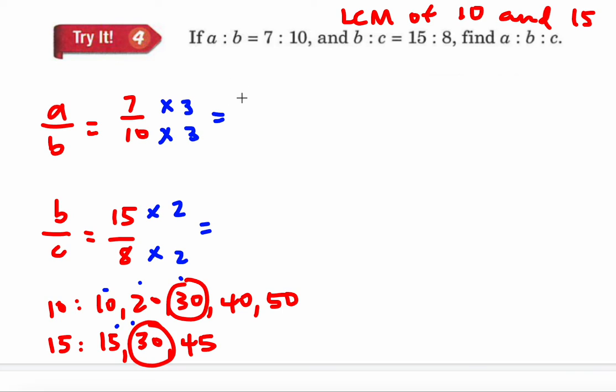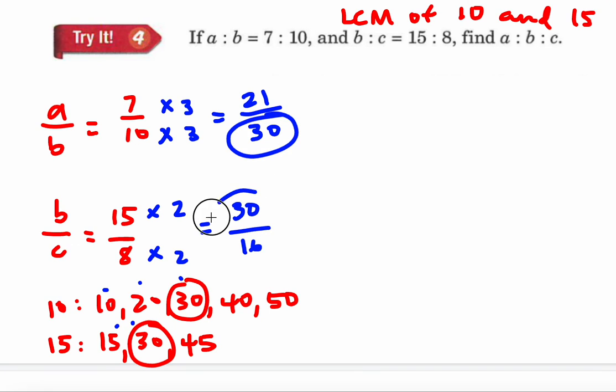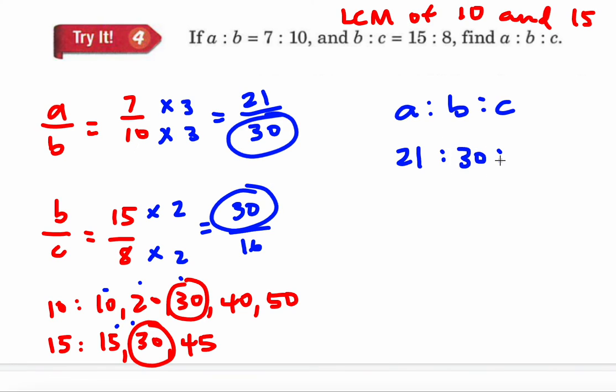Okay, so 7 times 3 is 21, 10 times 3 is 30, 15 times 2 is 30, which we wanted, 8 times 2 is 16. So now we have the 30s in common for the B. So the ratio of A to B to C is 21 to 30 to 16.